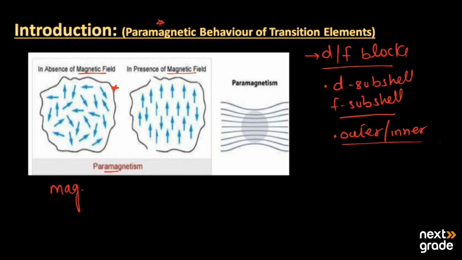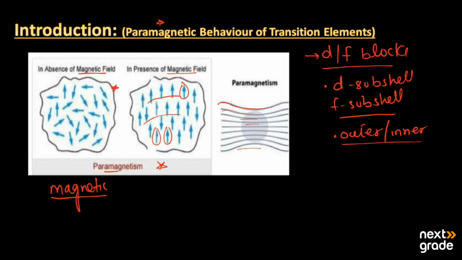When a magnetic field is present, the metal is attracted towards it because its electrons align themselves according to the field. This behavior is called paramagnetism, and you can see the alignment moving from one direction to the other.